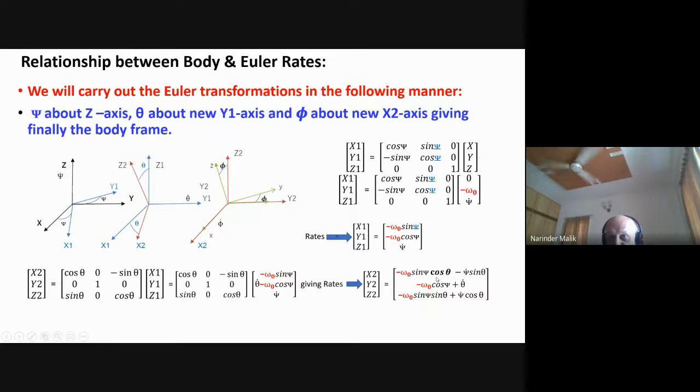Next rotation I will give about the spacecraft x2 axis, and I will end up with the x, y, z axes which I call the body frame.